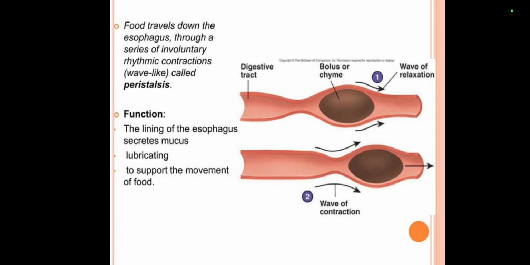Okay, so now let's move forward. As you can see here, this is an illustration of digestion pertaining to the esophagus. The food travels down the esophagus through a series of involuntary rhythmic contractions, in an easy way a wave-like movement, and that is called peristalsis.